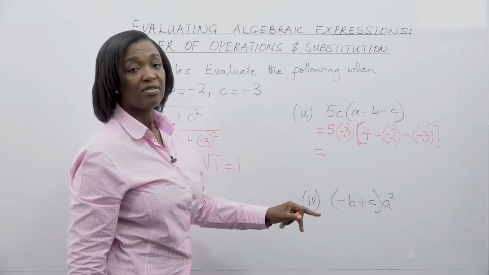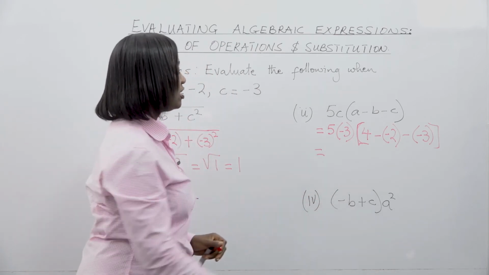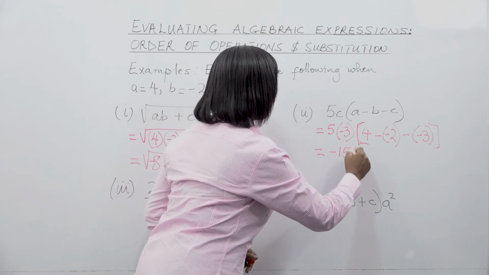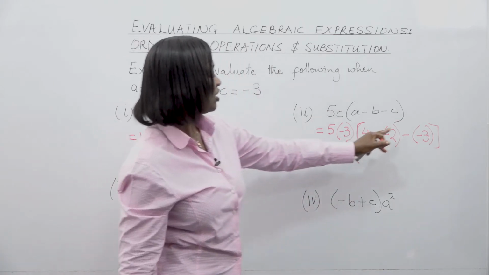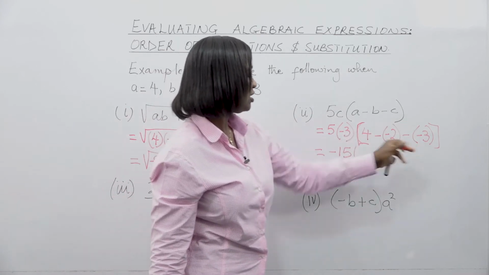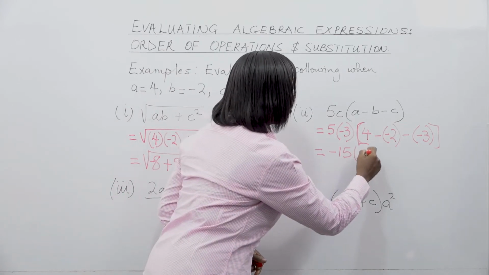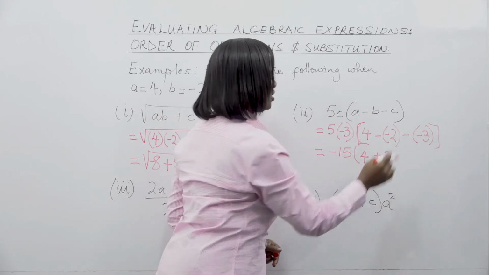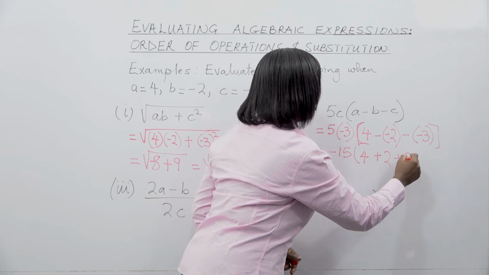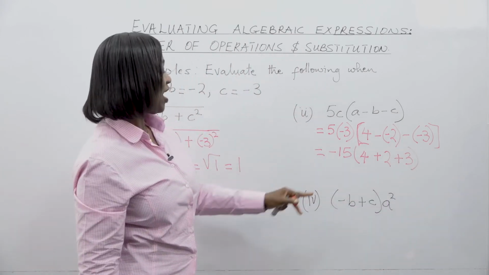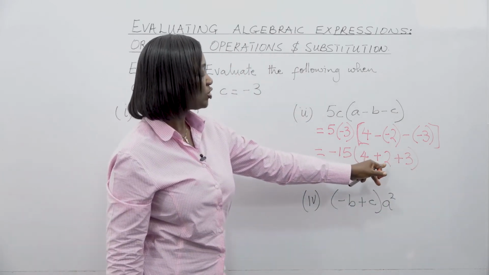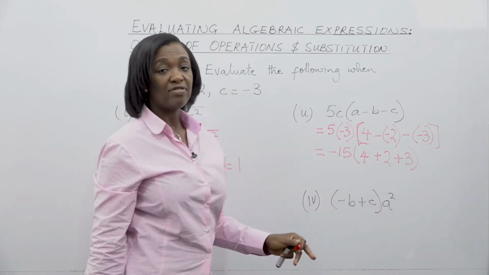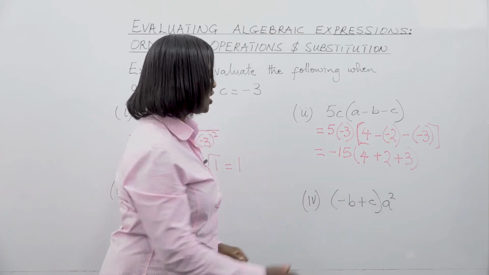So minus 5 times minus 3 is minus 15. Let's look at this closely. It becomes 4. Minus minus is plus. Minus minus is plus. So we have 4 plus 2 plus 3. 2 plus 3 is 5, and 5 plus 4 is 9.